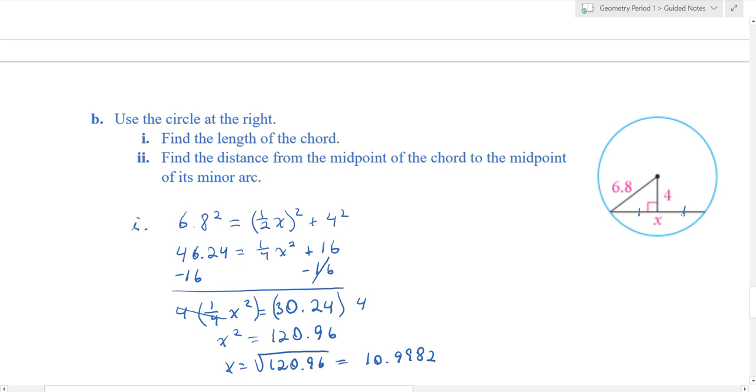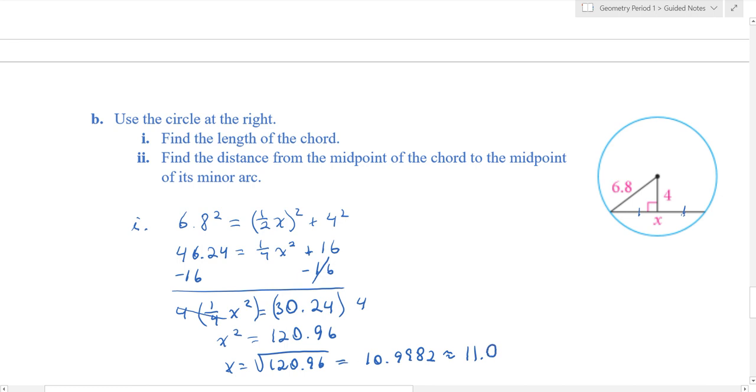10.9982. Since it doesn't tell me how many significant digits to use, I take a look at the values that I'm given. This one doesn't have one, but this one goes to 6.8. So I'm going to go to one decimal place. So 10.998 to the nearest tenth becomes approximately 11.0.